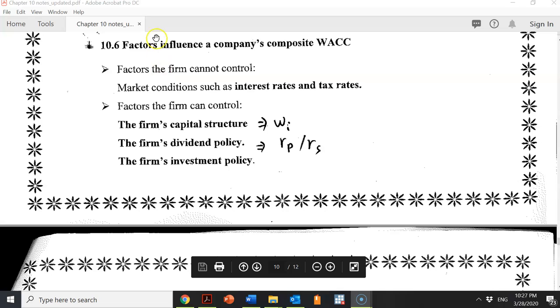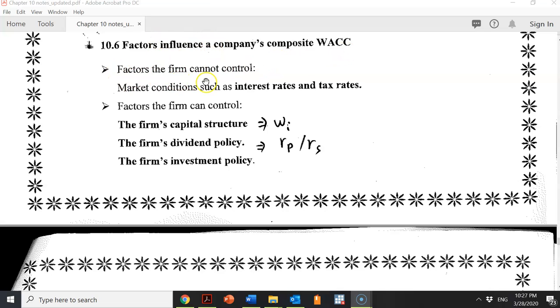There are factors influencing a firm's composite WACC. There are factors the firm cannot control, such as market conditions, interest rates and tax rates. But there are factors the firm can control. For the outside environment, the tax rates and interest rates are hard to control, but the firm can decide its own capital structure, so it can decide the weights.